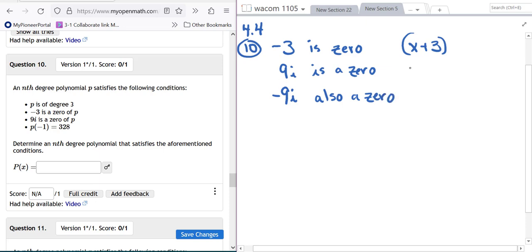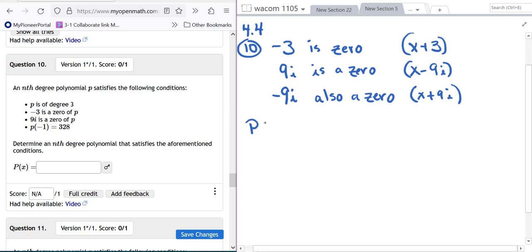So for 9i to be a 0, x minus 9i is a factor. And for negative 9i to be a 0, x minus a negative 9i, so x plus 9i will be a factor. And this gives us 3 zeros. That's how many we should have.